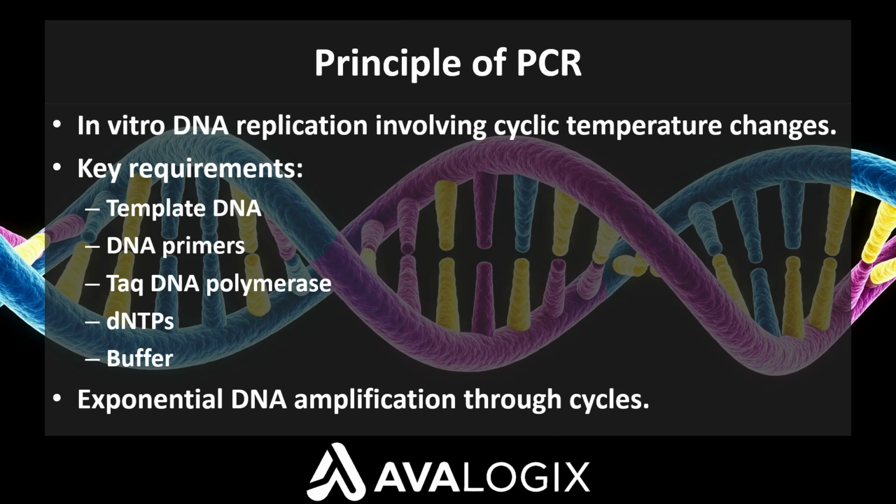This cycle is repeated multiple times, typically 25 to 35 cycles, leading to exponential amplification of the target sequence. Understanding this principle is crucial for interpreting results, troubleshooting experiments, and applying PCR in practical scenarios. Now, let's look more closely at each component that makes PCR possible in our next slide.